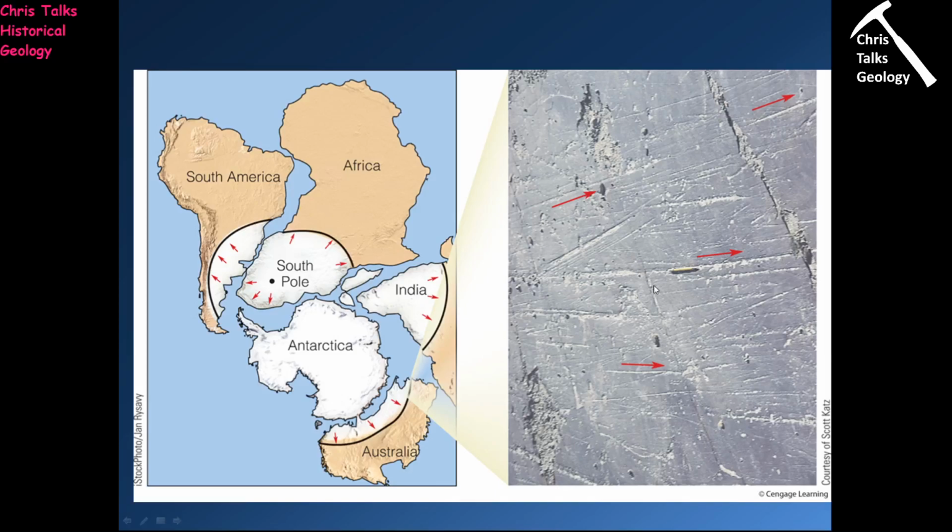And so as geologists, we can come along and look at these rocks and measure the direction in which the ice was moving. When we do that across all these 5 continents, we get these directions. And it shows us that the ice was starting from this central location, and it was spreading out from that point. So, once again, very, very good evidence to suggest the continents were once joined together.